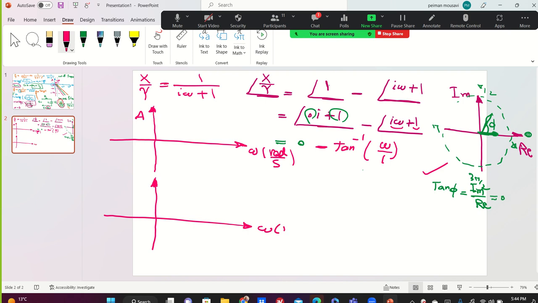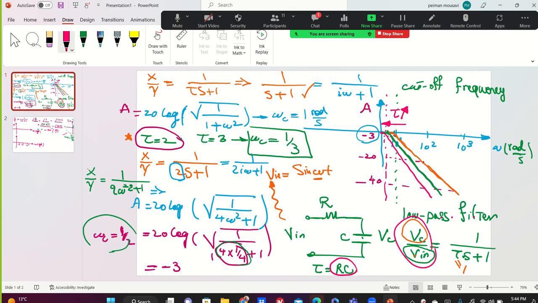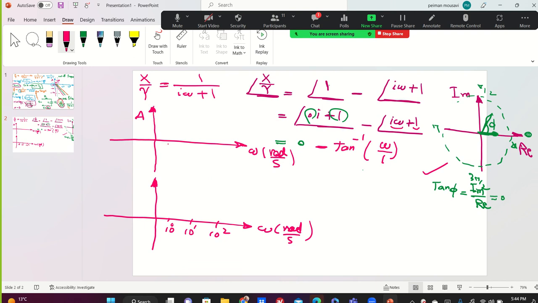Omega, radian per second. Here is 10 to the power of 0, 10 to the power of 1, 10 to the power of 2. Okay, so see, exactly MATLAB does like this. Okay. Here is phi, the phase angle, and this is the amplitude.